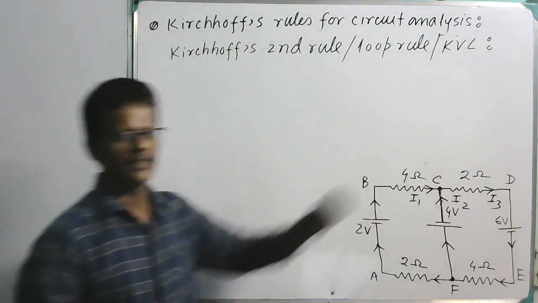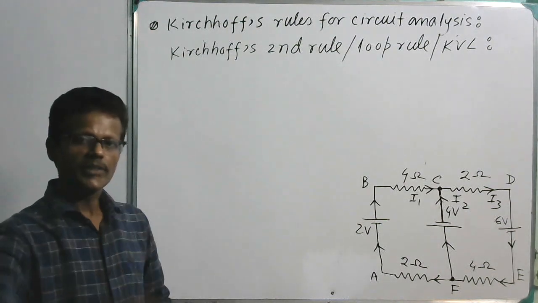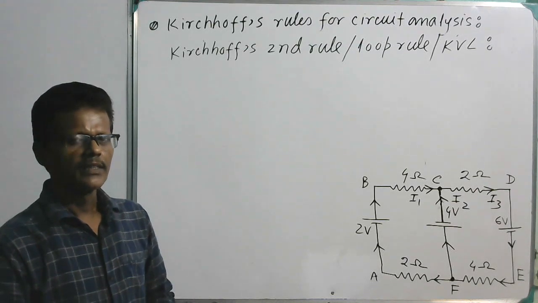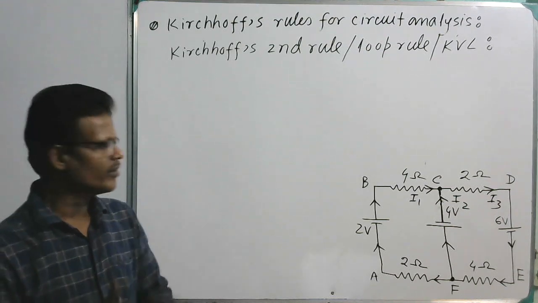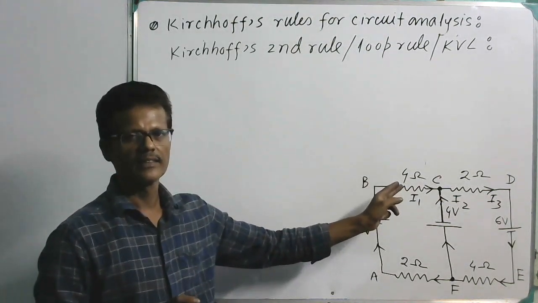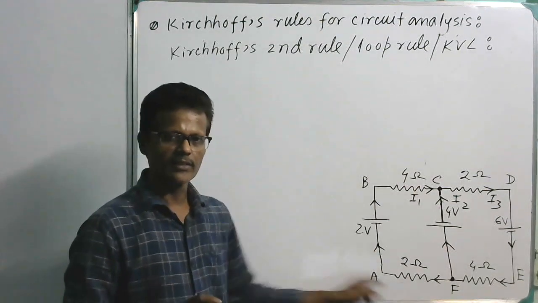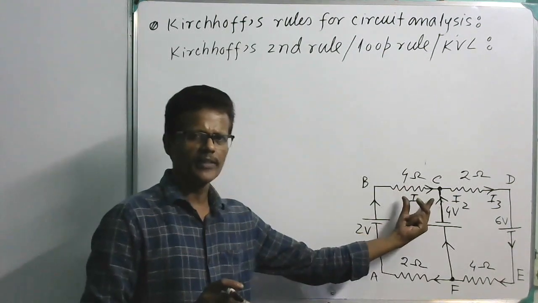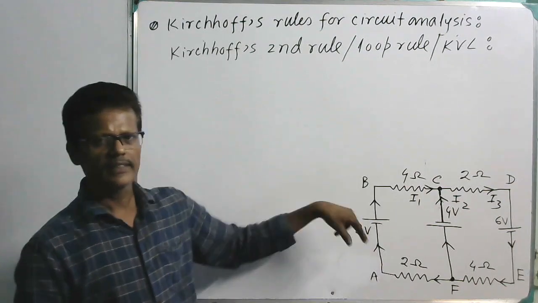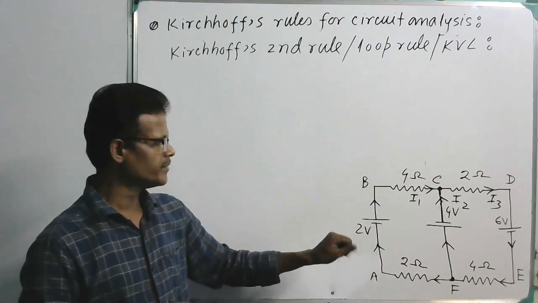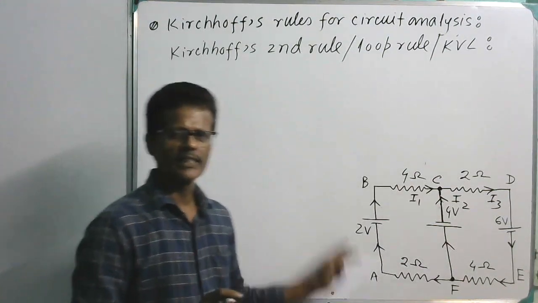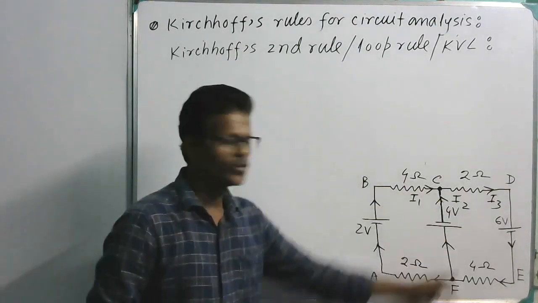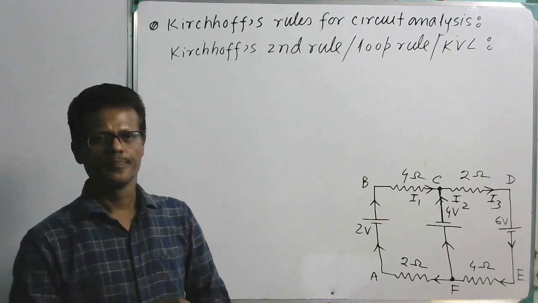Around this closed conducting loop, the algebraic sum of the potential differences of all elements, this is a cell, this is a resistive element, these are the electric circuit elements, must be zero.